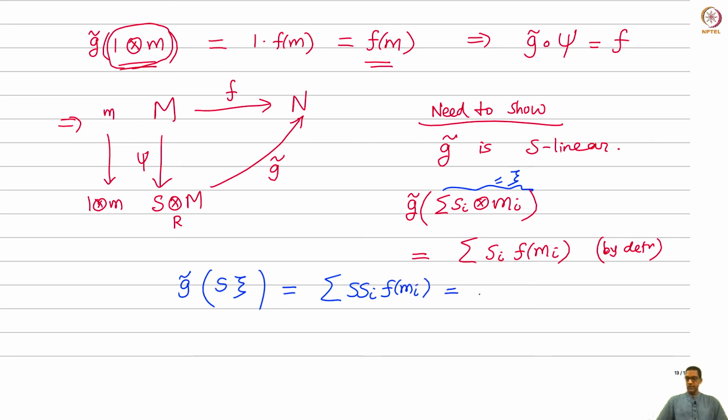Okay, and now observe that I've used something here, so let's back up a little bit. S x_i is by definition G tilde evaluated on S times this summation.